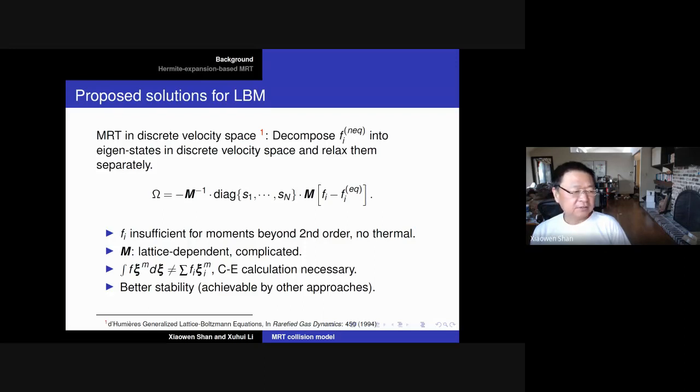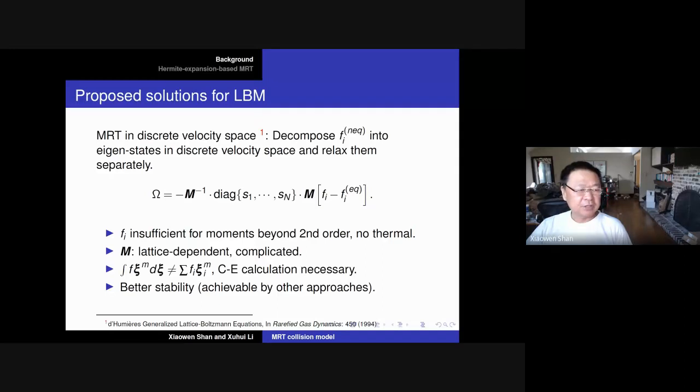And this is in the continuum space, like you carry out the integration, but this integral is not necessarily the same as the discrete version of it. If you do a summation, the summation is not always the same as your integration. So to show your macroscopic equation is what you want, you have to carry out a Chapman-Enskog calculation to get the real hydrodynamic equations.